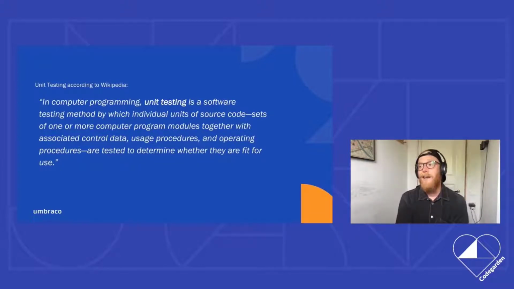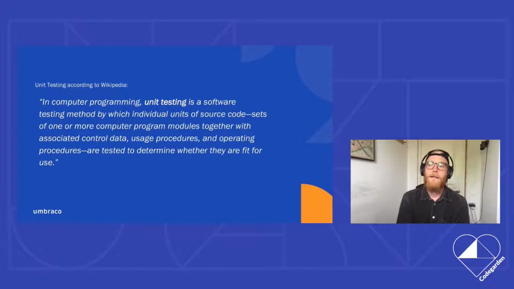This is a terrible way of explaining unit testing. It's a super complicated way of explaining something that's not complicated at all. I can understand why someone would be scared of unit testing by just reading this explanation on Wikipedia.